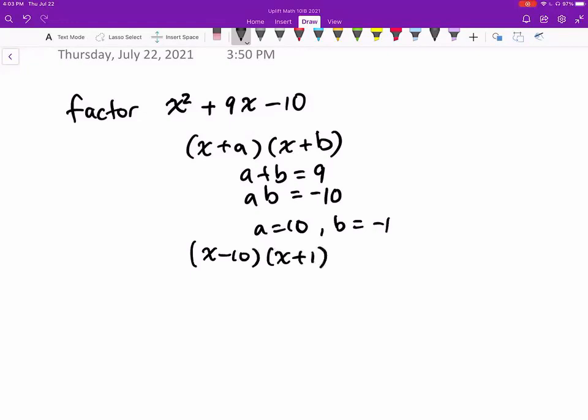David, do you want to do another one? Yeah, okay, we can do one with the leading coefficient.